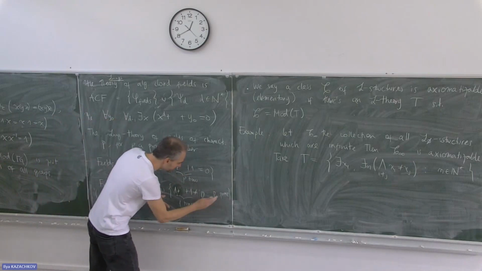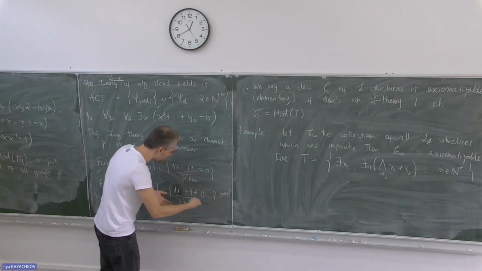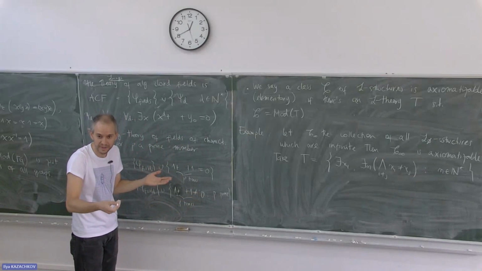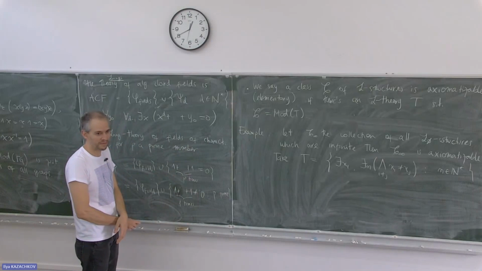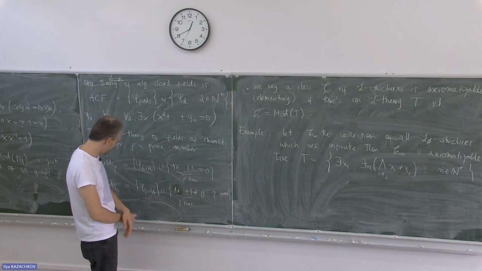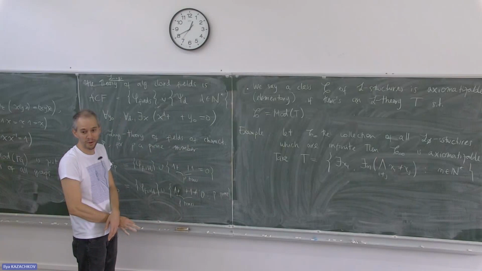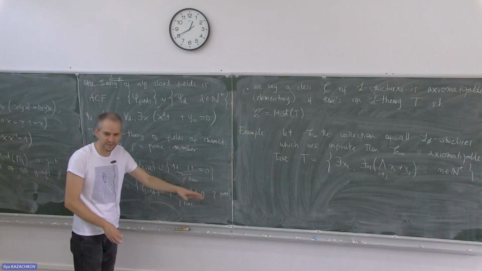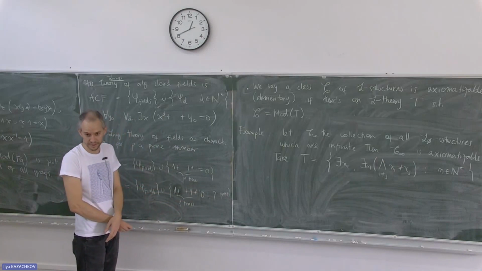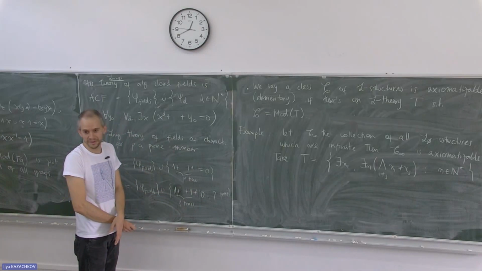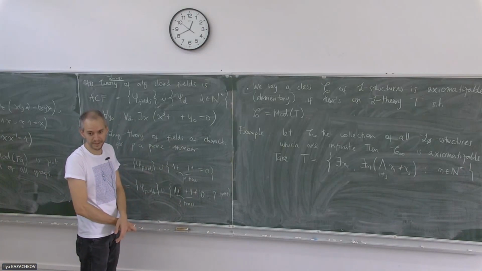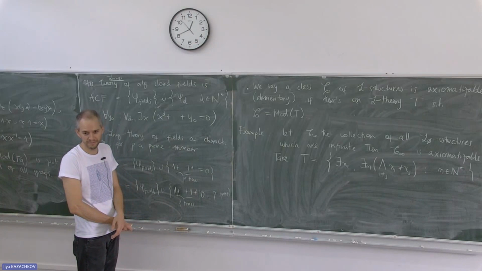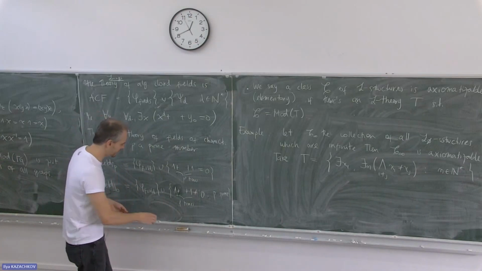Here I can put n also instead of P prime. Of course, I can put just any number, but it is enough to put it for primes. The theory is going to be the same. I mean, the models are going to be the same if I put here only primes or any natural number, because if I'm a field, the characteristic can only be a prime number or 0. I cannot have characteristic 4. That's impossible.